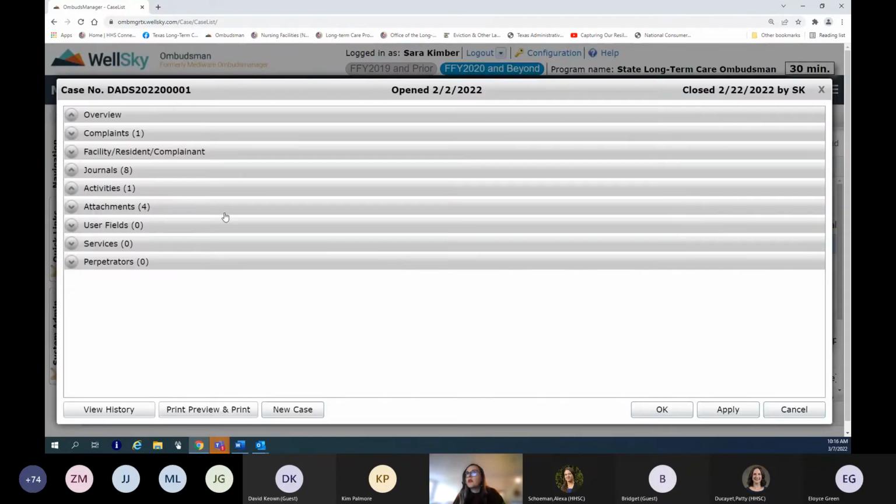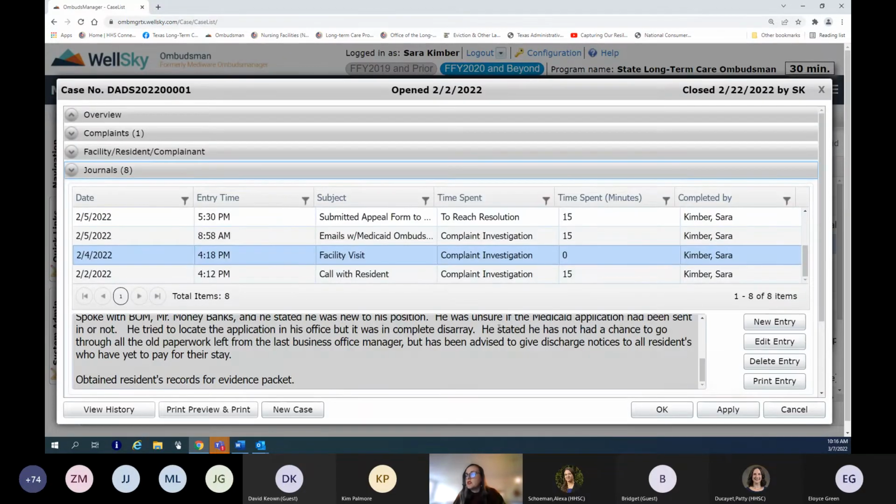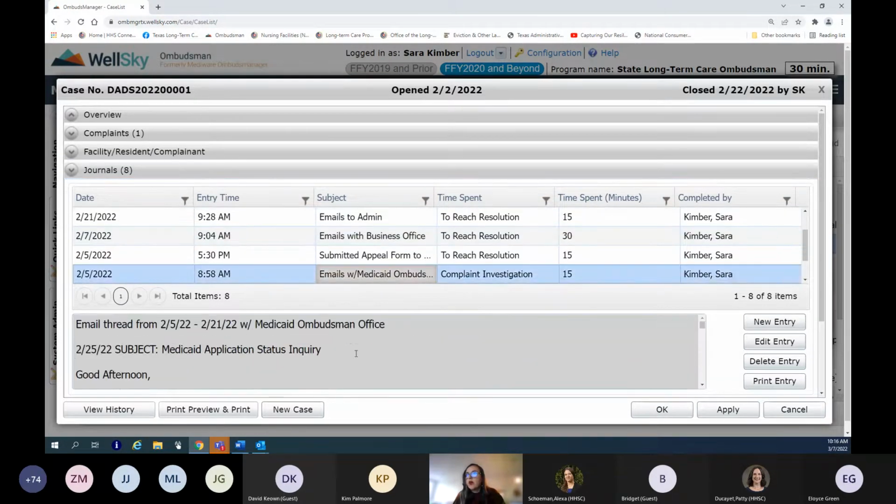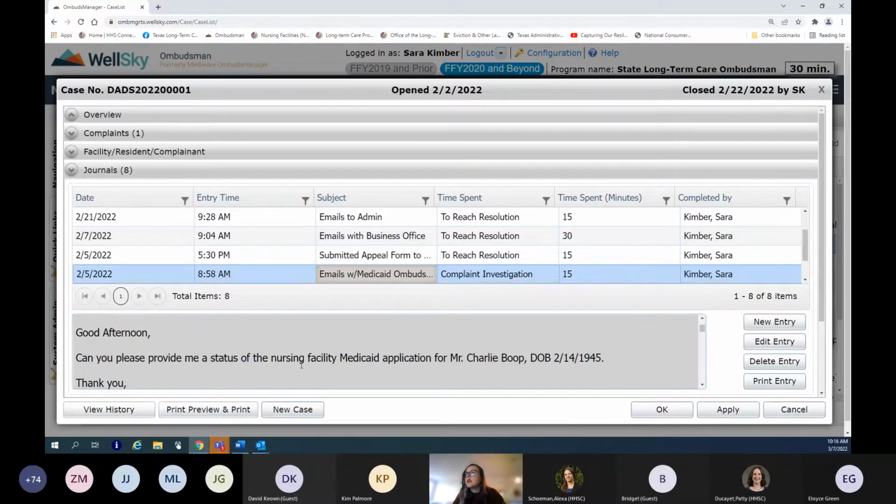So I'm going to go back really quickly to journal entries. I'm not going to read through all of these to save time, but if we look at just the subject lines, we can see I've got emails posted in here with the Medicaid Ombudsman's office. So I'm checking in to see, did this resident ever even get his Medicaid application filed?